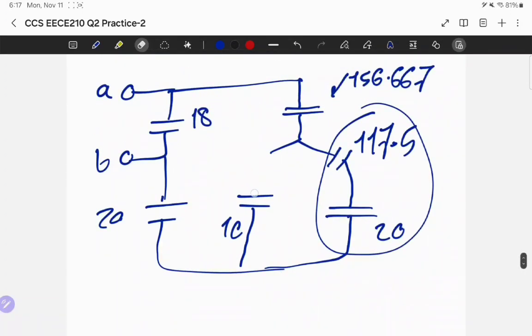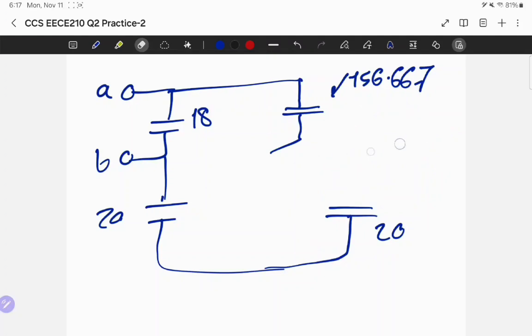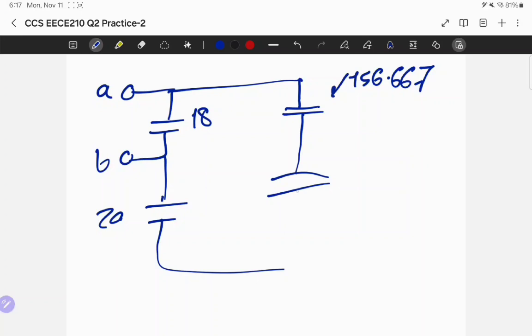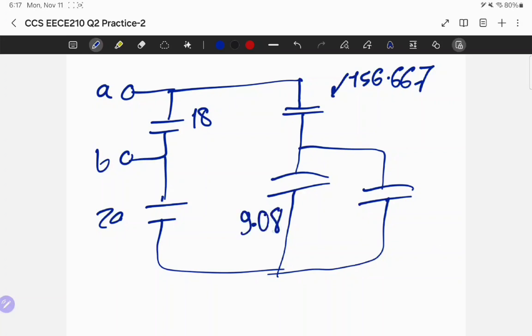So the image now looks like this. And I have this other branch in here, so this is going to be 9.038, and this branch right here is 17.09.